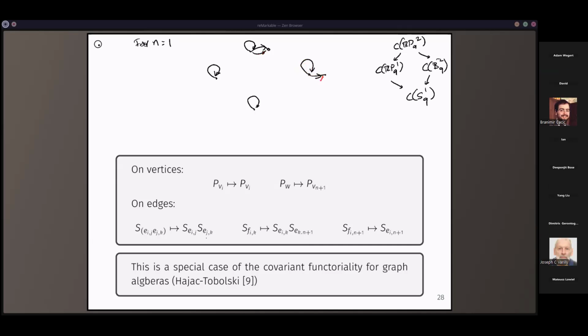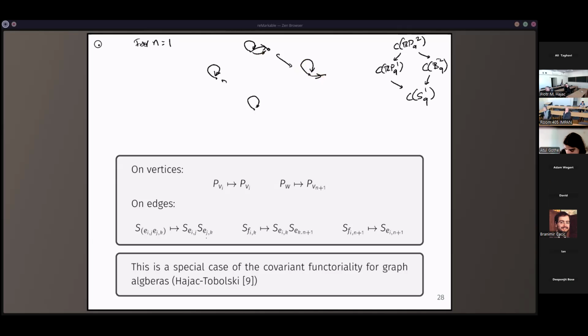So yeah, this is the map. And while this just embeds inside here, this loop becomes this loop. And this map is just taking this loop and mapping it twice. So exactly what is happening here happens for RPQ1 and SQ1 as well on this level.